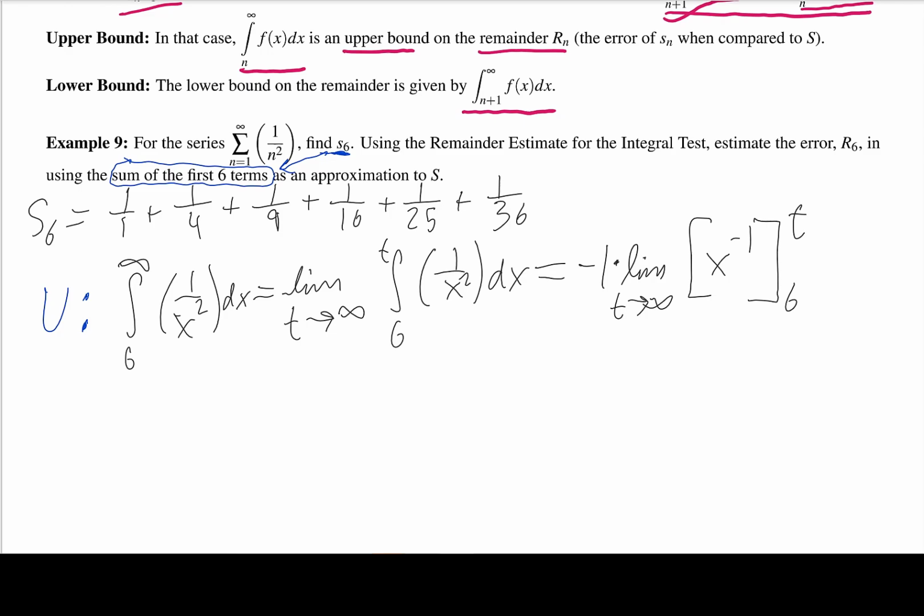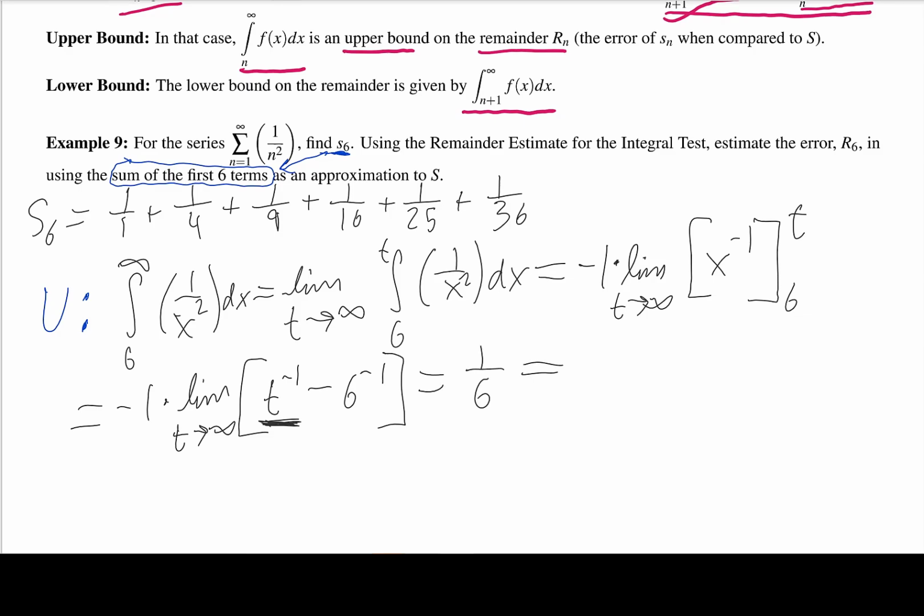So then this is going to be negative 1 times the limit as t goes to infinity of t to the negative 1 minus 6 to the negative 1. So this first part will be 1 over infinity, so that goes to 0. Then we'll get negative 1 times negative 1 over 6. So this is going to give us a positive 1 over 6. And so that's going to be my upper bound. I know that whatever this remainder is, it has to be less than or equal to 1 over 6.